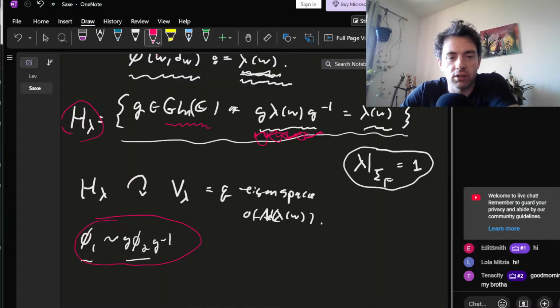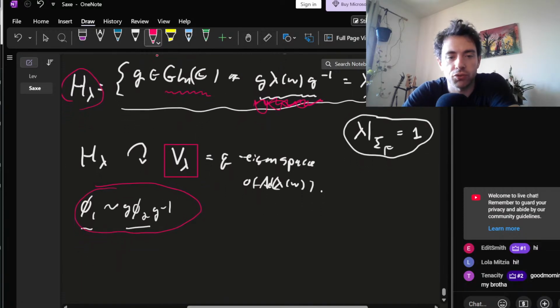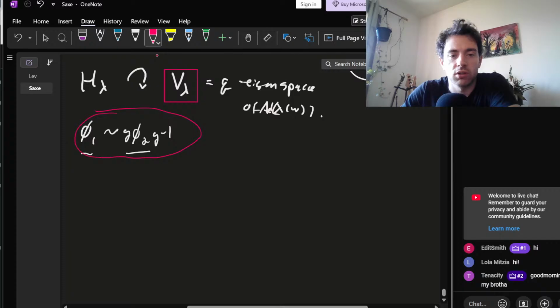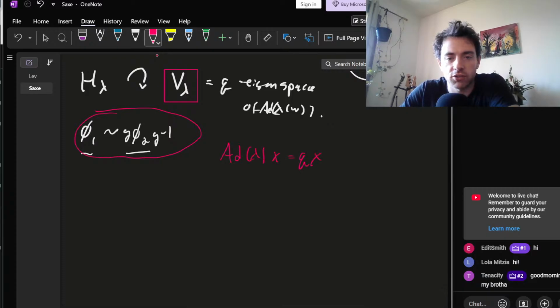So this descends to a map of the Lie algebra, and in particular, it will preserve the Q eigenspace, right? So I'll write ad lambda, say we have some x in the Q eigenspace, and, well, ad lambda, ad gx. What is this really?